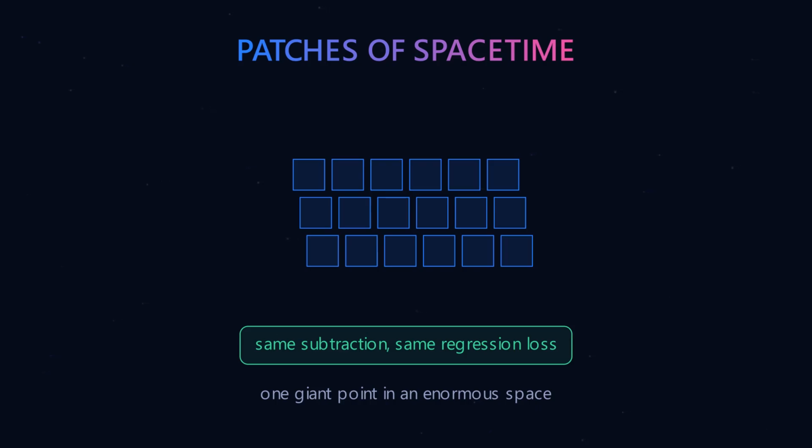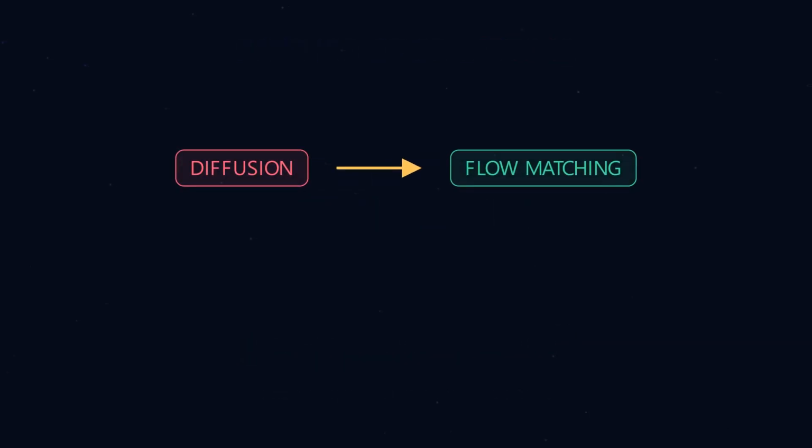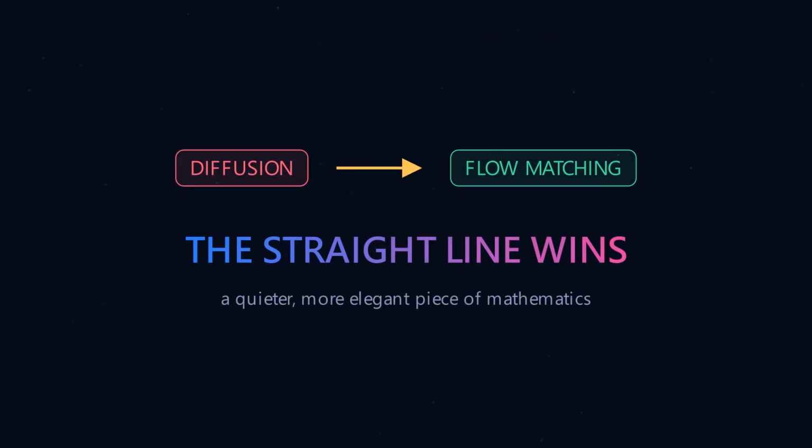Nothing about the mathematics needed to change, only the tokenization of the data did. That portability is exactly why one piece of 2022 theory ended up underneath both a single still image and an entire generated film.